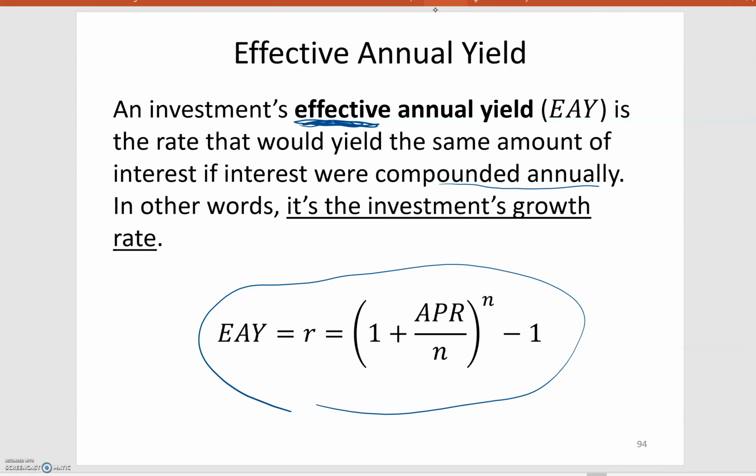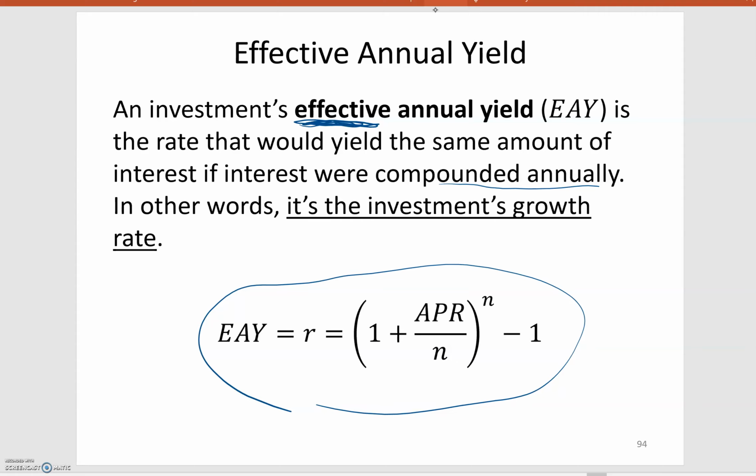So basically, it's sort of like you come in, you have some interest rate that has some weird compounding time, like I'm going to compound it every 15 days. And so when you tell me that I've got a 7% interest rate compounded every 15 days, I don't really know if that's good or bad, because that compounding every 15 days thing makes it a bit confusing.